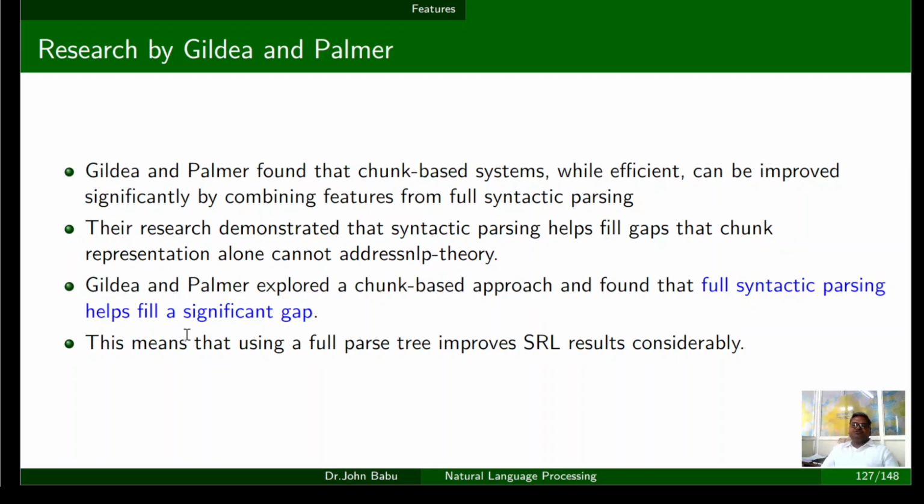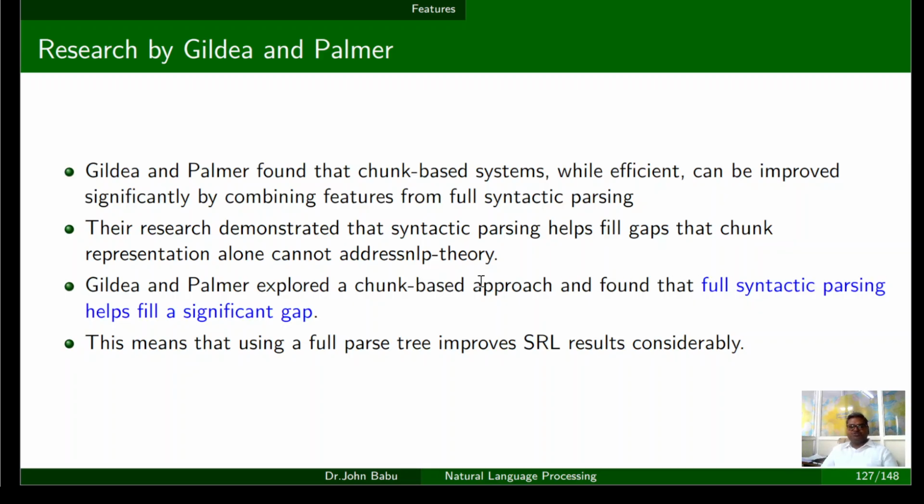Generally these chunk parsers will be using an SVM classifier. Gildea and Palmer worked on this chunk-based parsing, and they found that the performance is less when we use chunk-based parsing instead of full syntactic parsing.